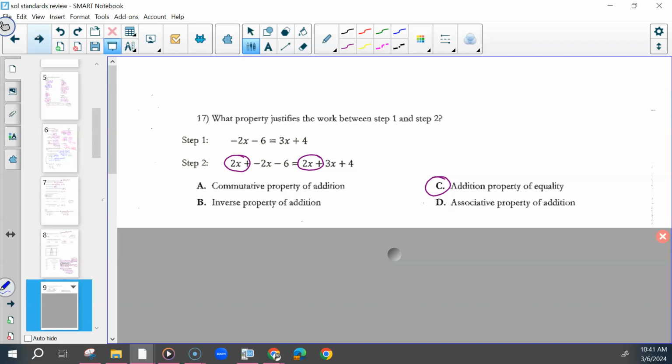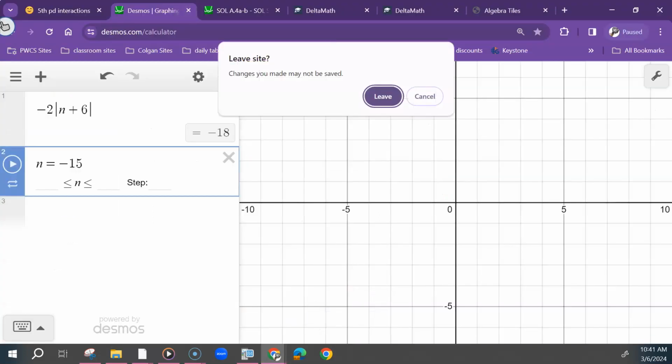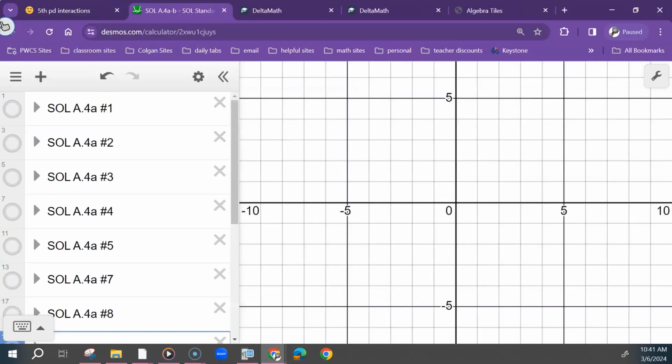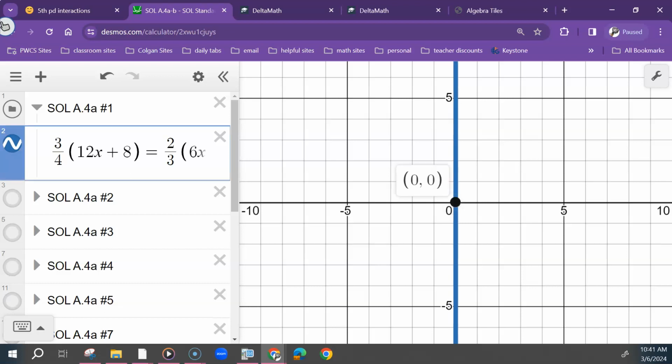Alright, really quickly, I'm going to show some of these in Desmos. Almost all of these could have been done in Desmos. If you type it in, you get your equation, you get your answer. Look for a line. Look at the x value, x equals 0.